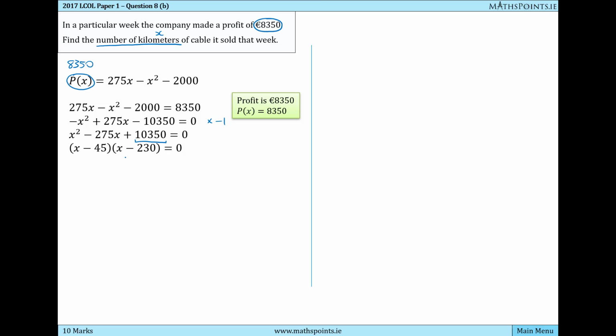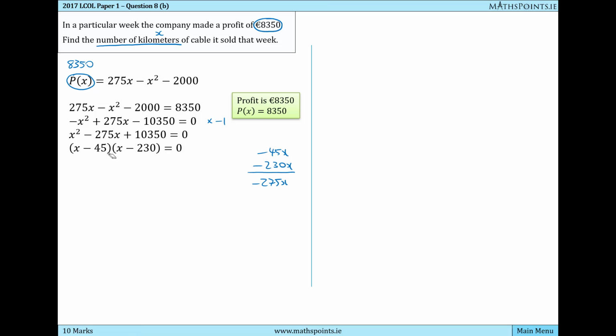So just to test that the factorization is right, x times x is x squared, minus 45 times minus 230 is plus 10,350, and the product of the inner terms is minus 45x, and the product of the outer terms is minus 230x, and the sum of those is minus 275x, the x term in our quadratic. So that's just a check that we do to make sure that our factorization is right.